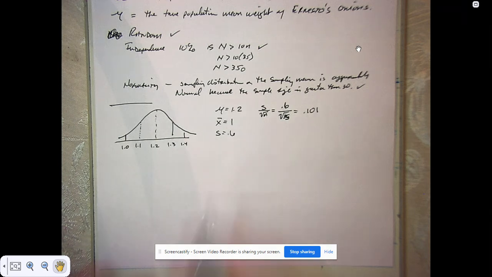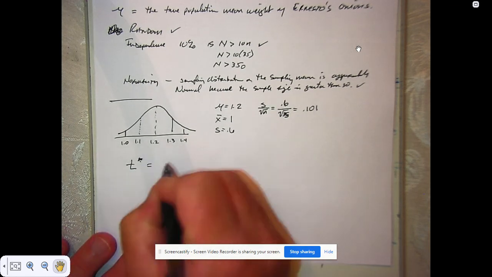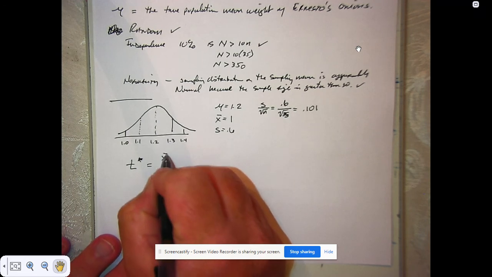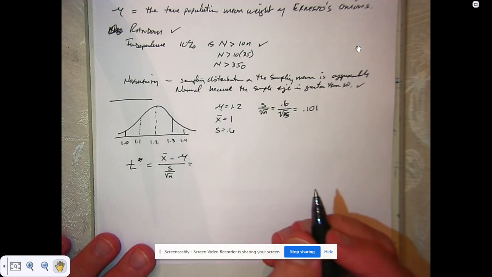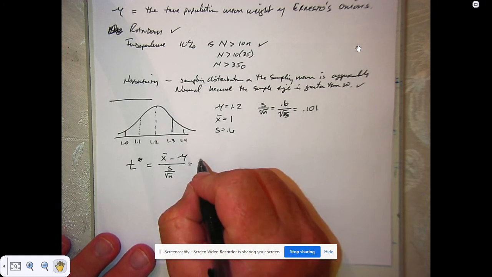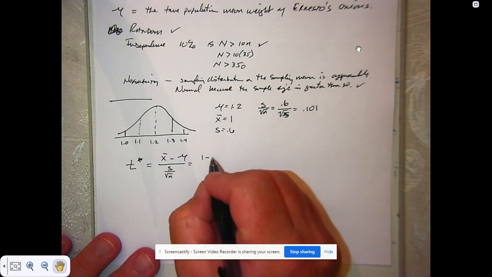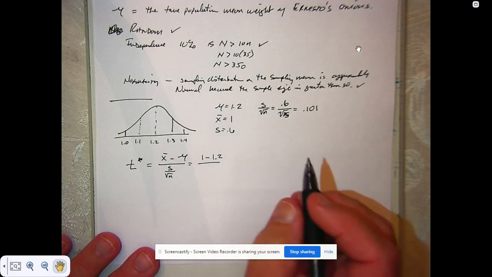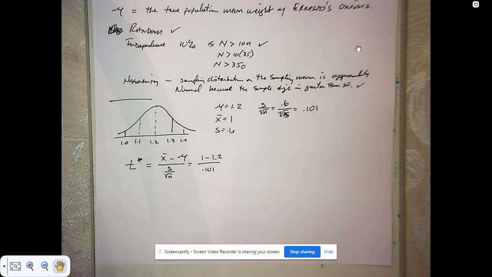Okay. Anyway, let's do our t-statistic. Again, that is x bar minus mu over s divided by the square root of n. So x bar is 1 minus mu, which is 1.2, divided by this 0.101 number. I've got it in my calculator still, so I'm going to divide by the entire number.